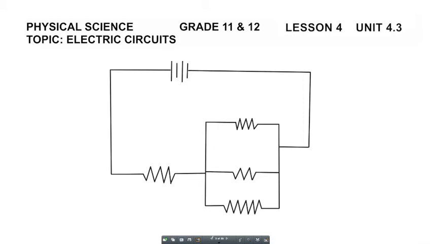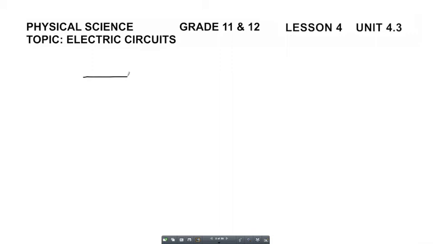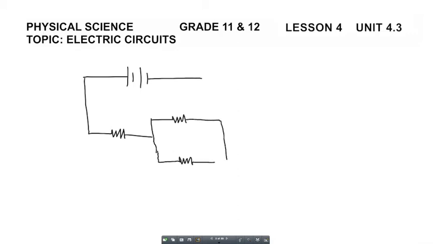Let us consider this figure. Say this is our circuit. What is provided here is a combination of the series and the parallel circuit resistance, because we are looking at the effective resistance of this entire circuit.